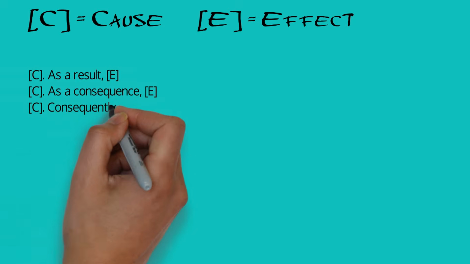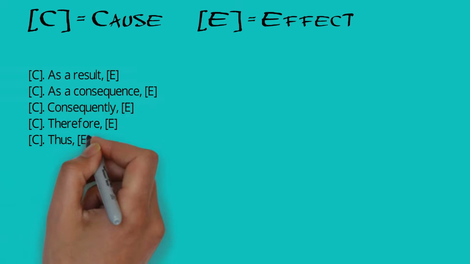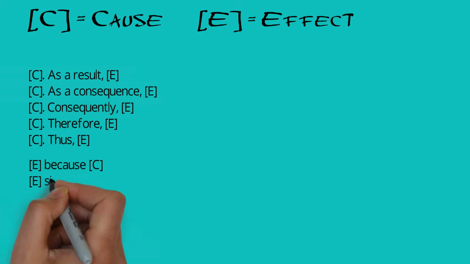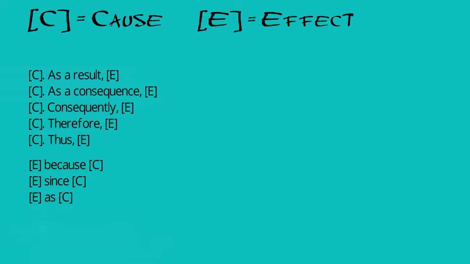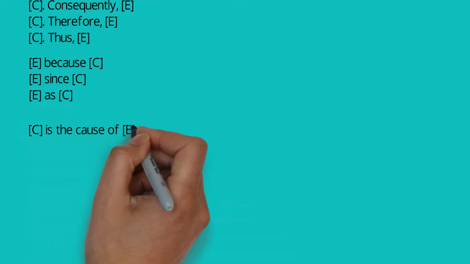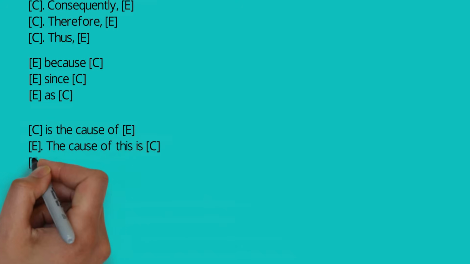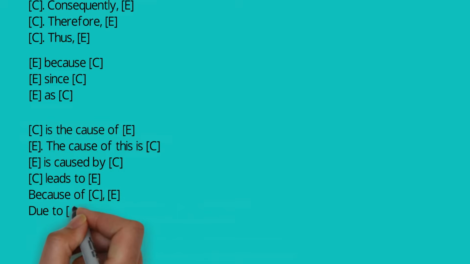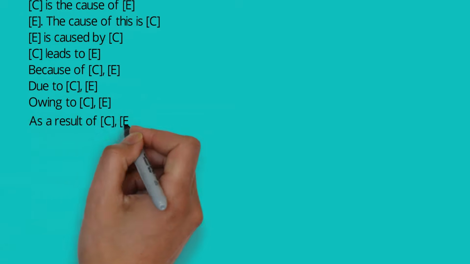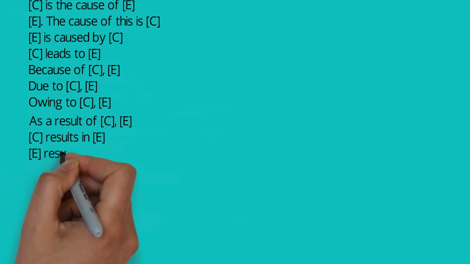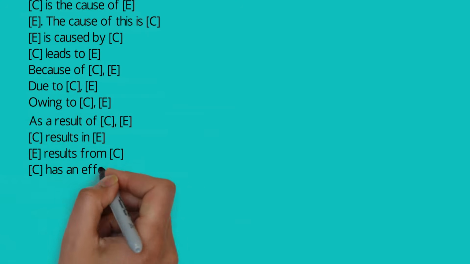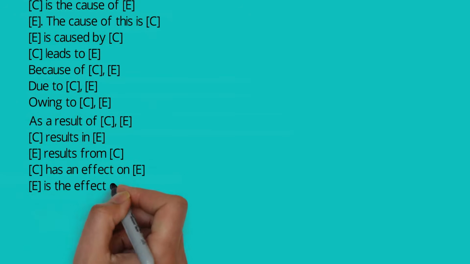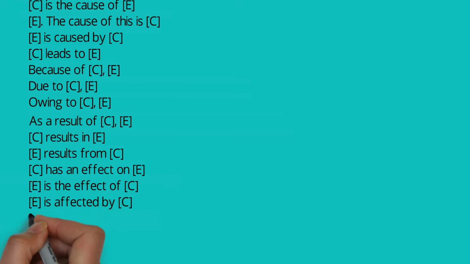As a result, as a consequence, consequently, therefore, thus, because, since, as, is the cause of, the cause of this is, is caused by, leads to, because of, due to, owing to, as a result of, results in, results from, has an effect on, is the effect of, is affected by, is a consequence of.